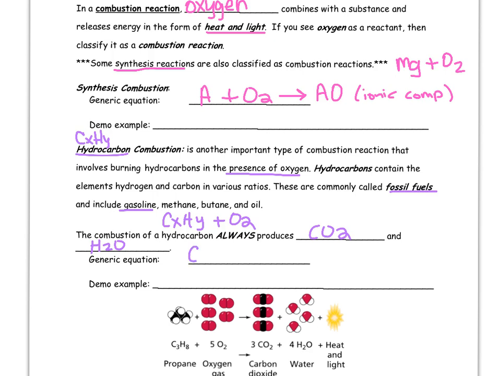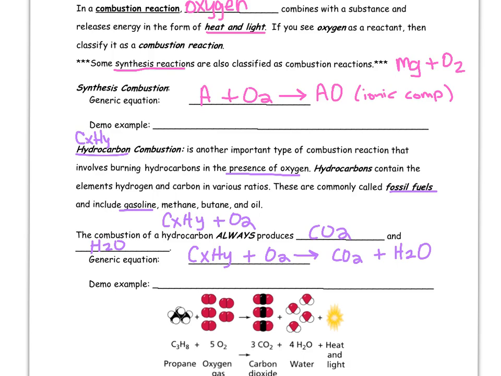So any type of hydrocarbon you have, when you have it with oxygen, will always make CO2 and H2O. There is no exception to this, so this is a very easy memorization. Carbon dioxide gas and water vapor; sometimes they'll make liquid water, but a lot of times the heat makes it water vapor instead.